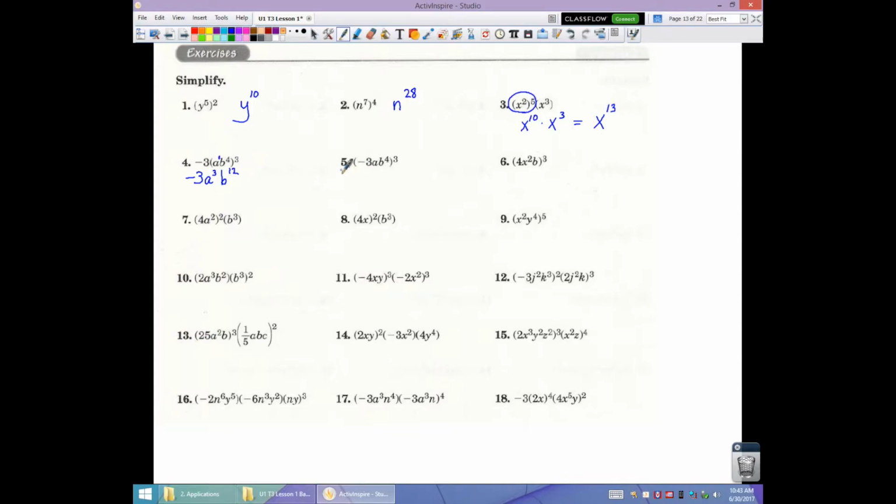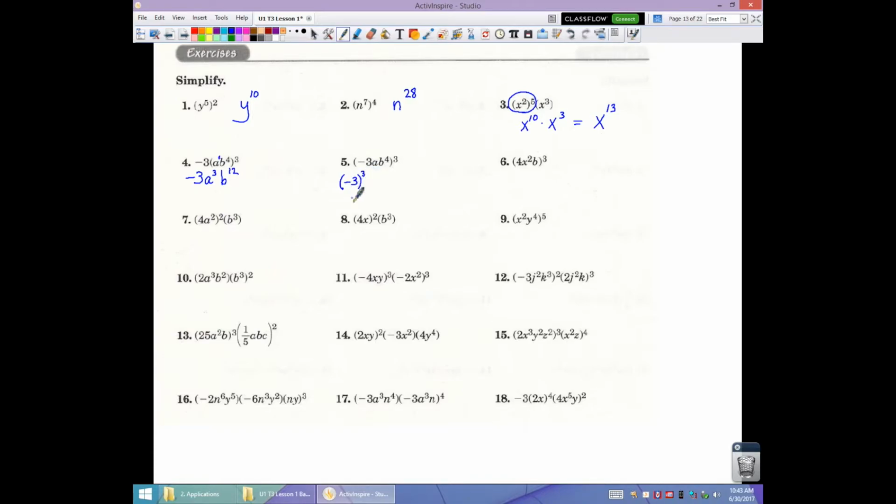Now, the difference between number 4 and number 5 is now the negative 3 is included in the parentheses. So it also gets the exponent applied to it. So this is negative 3 to the third power. Now, I have to put the negative 3 in another set of parentheses in order to say the negative sign is also included with the exponent.